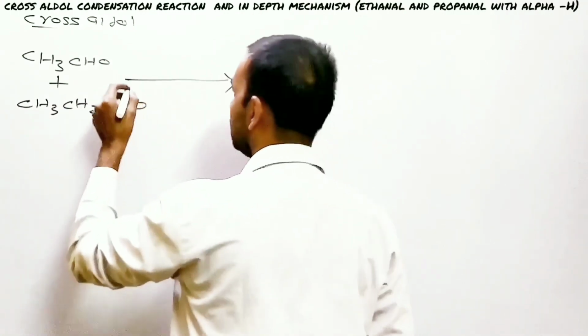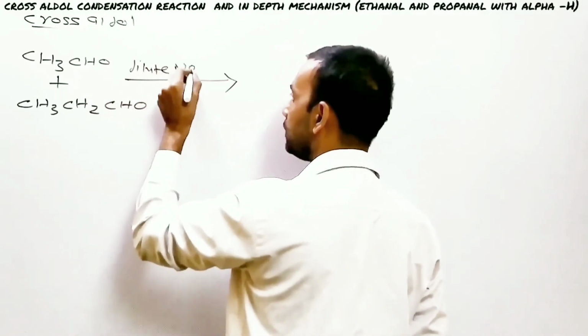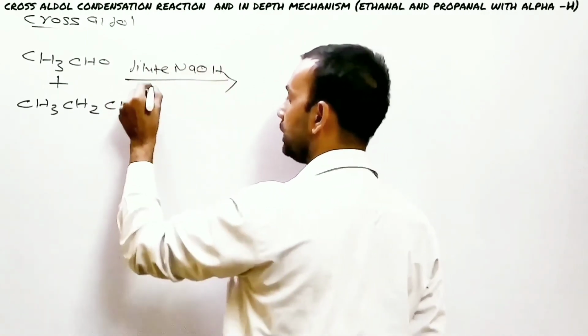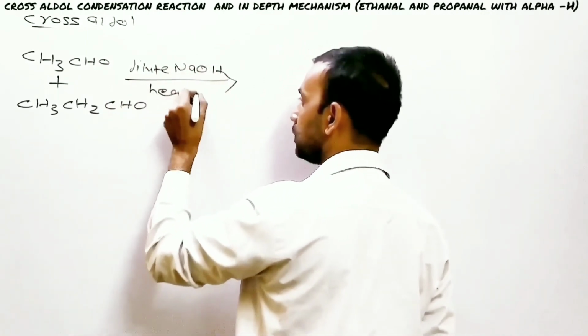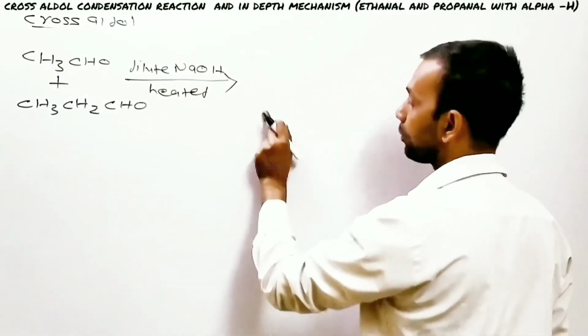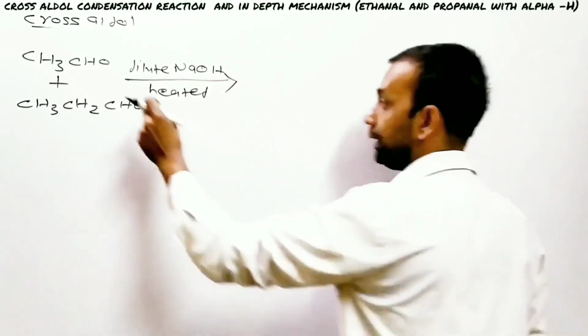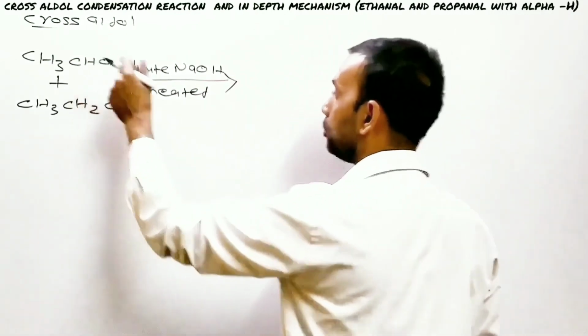They were treated with dilute NaOH, but they were also heated. And after that you have 4 products coming up. The first one is ethanol plus ethanol producing butanol.